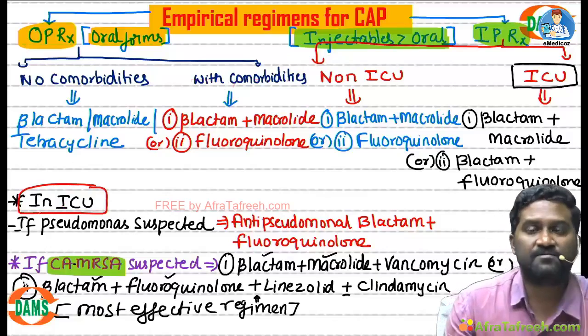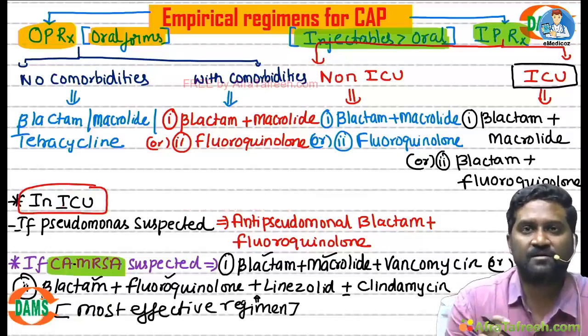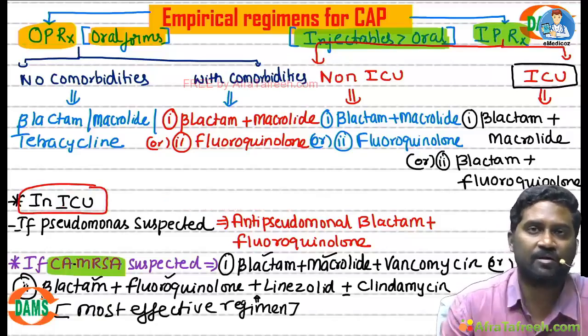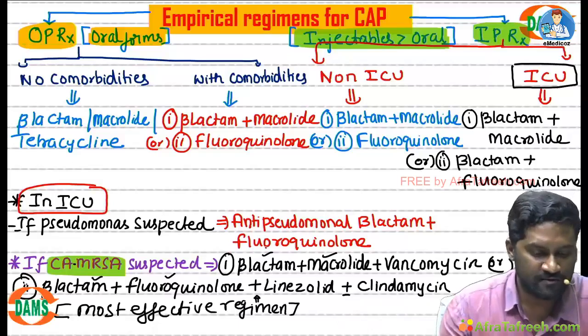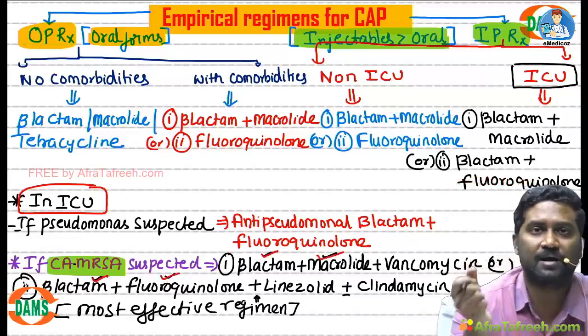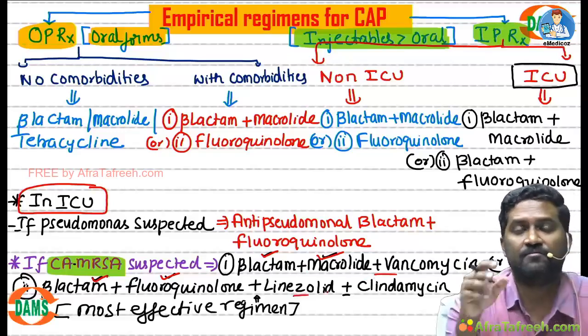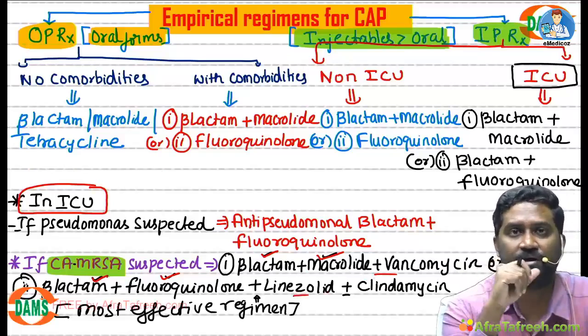One suspicion is staph. It does not mean patient will not be having common organisms such as streptococcus or legionella. So this beta lactam macrolide, beta lactam fluoroquinolone will take care of common typical and atypical organisms, whereas the vancomycin or linezolid will take care of the specific organism.